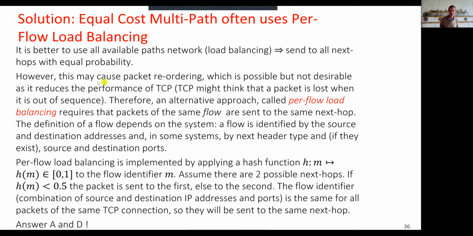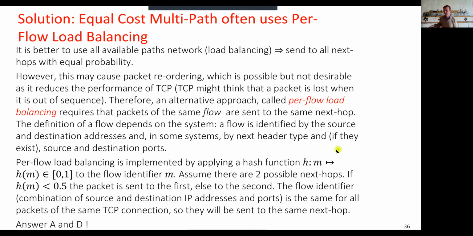So many routers, all the routers that I know of, all the big vendors, Cisco, Juniper, Huawei, they all preserve the order of packets per flow. How is that done? Well, it's very simple if you use hashing. If you have, say, two possible hops, then whenever you have a decision, you hash the flow identifier of the packet.